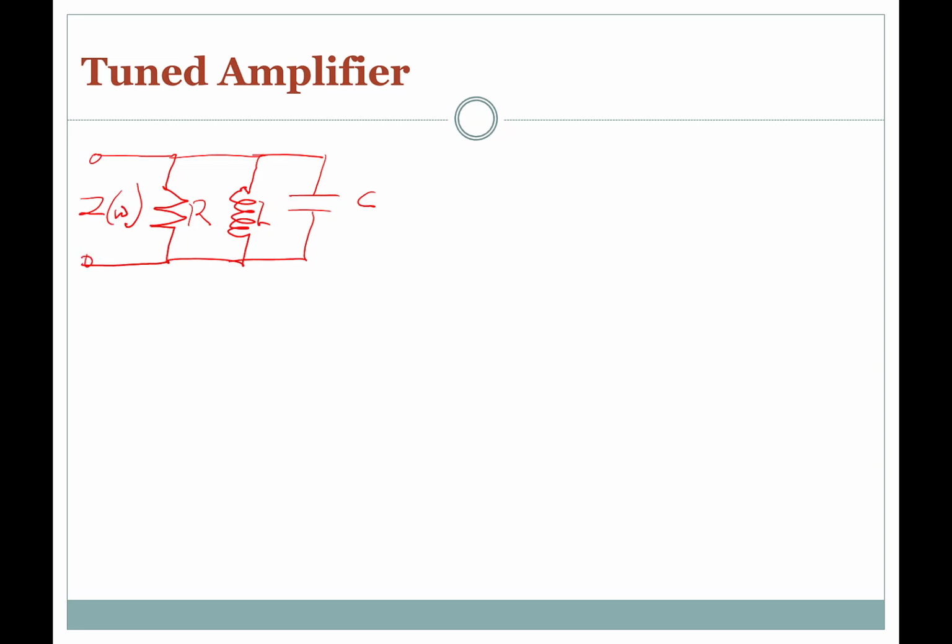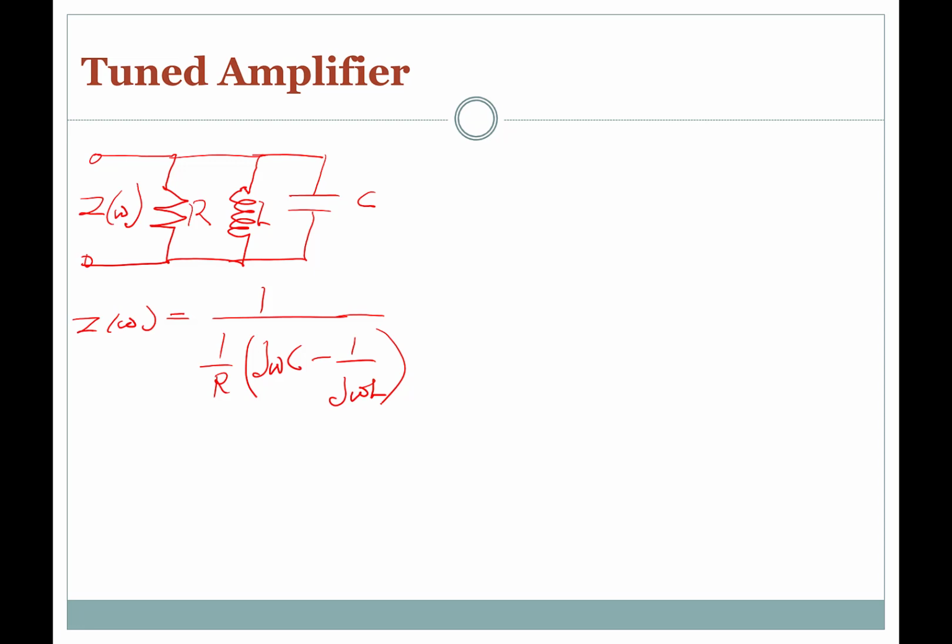For this we can say that the impedance Z(omega) is equal to 1 over R plus j omega C minus 1 over j omega L. That would be the impedance that the circuit produces.